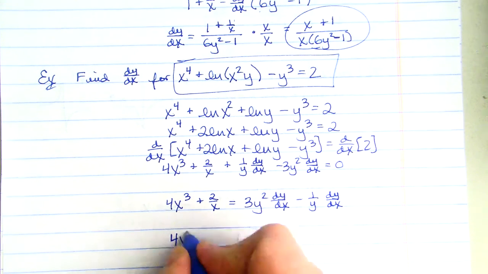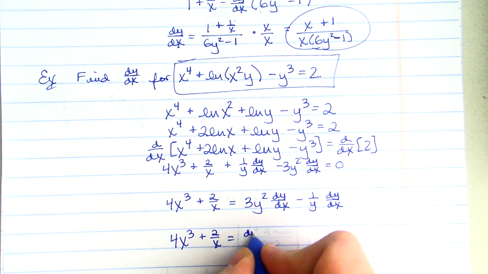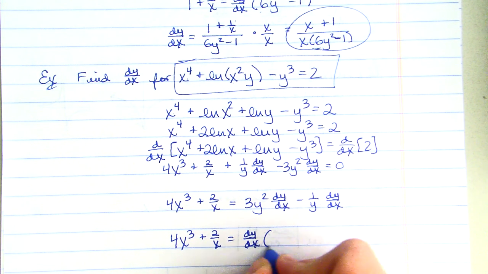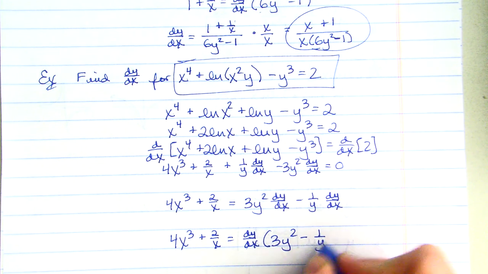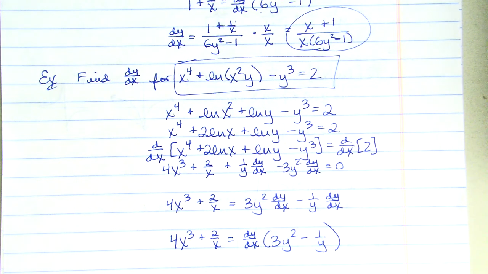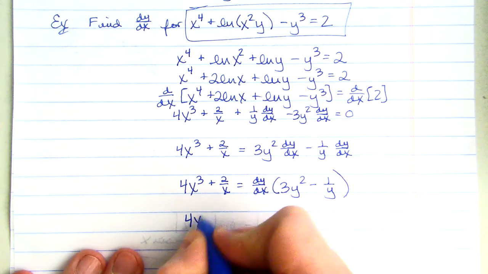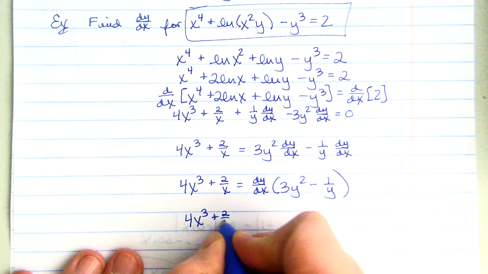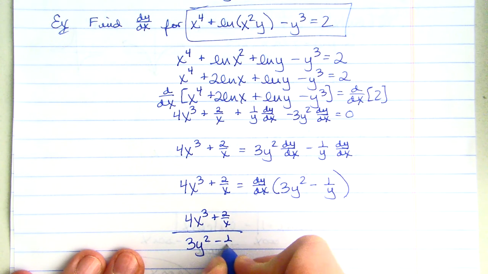I'm going to get 4x cubed plus 2 over x equals dy dx times 3y squared minus 1 over y. Divide: 4x cubed plus 2 over x, over 3y squared minus 1 over y.